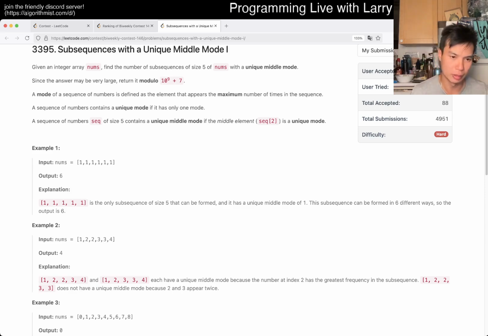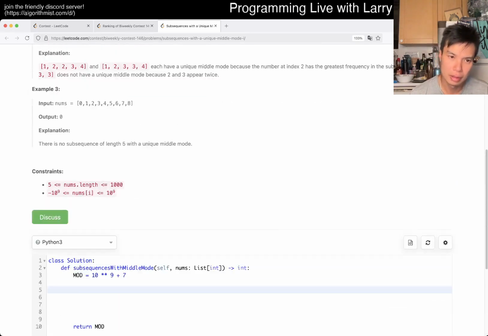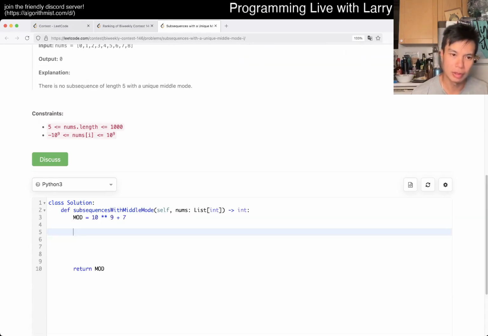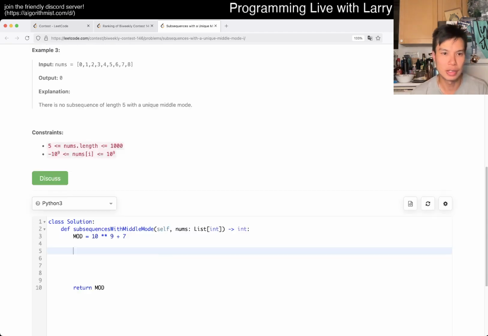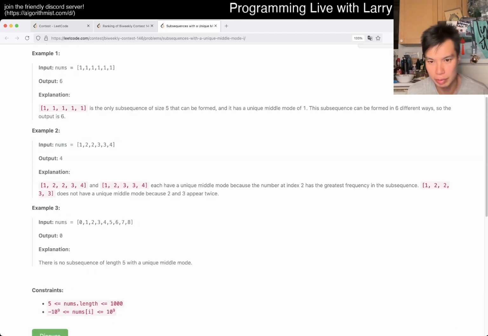So for each number that is the mode, you just count the number of left things and then combine them, right? The only tricky thing is that you can have 2-2, which is the only tricky thing. How do you prevent the 2-2 cases?